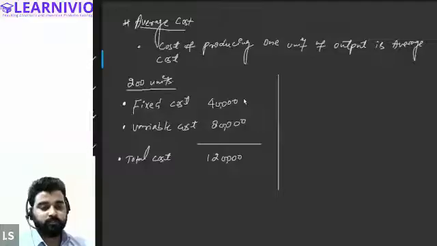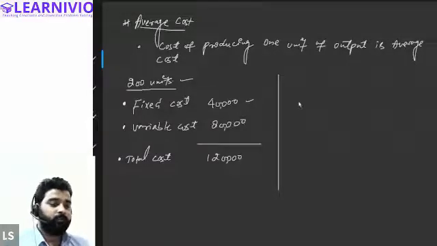If I have spent 40,000 rupees for producing 200 units of output, what will be the fixed cost for producing one unit of output? It is very simple.